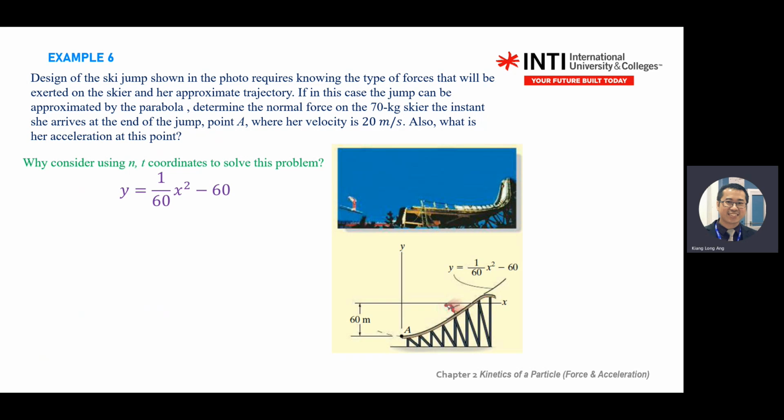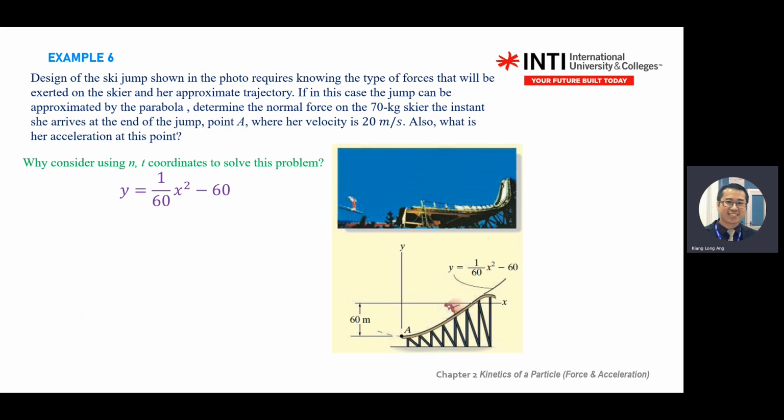You need to determine the normal force of the 70 kilogram skier, the mass is given. The skier instantly arrives at the end of the jump at point A. So at point A, where is the normal direction? Upwards.